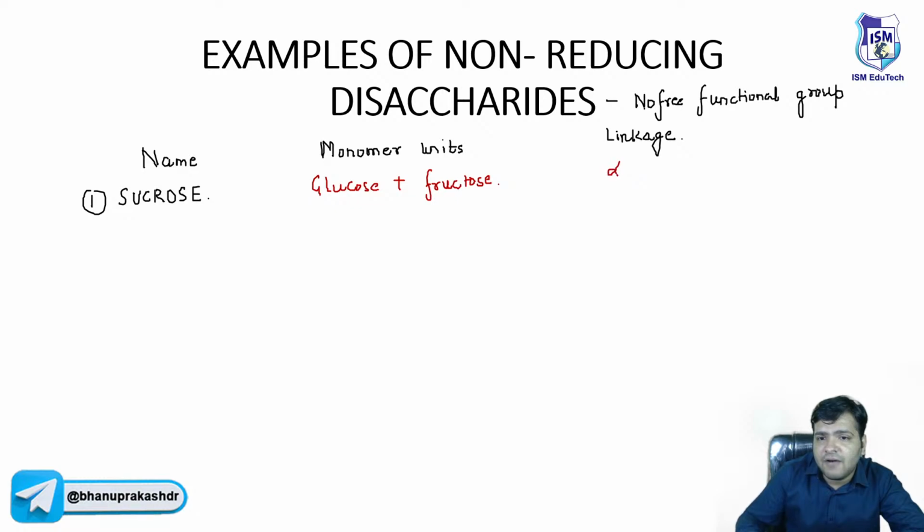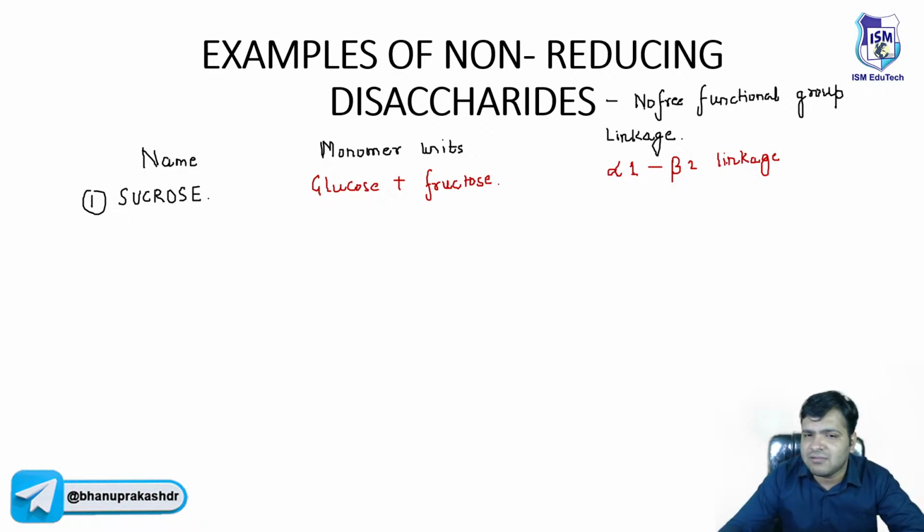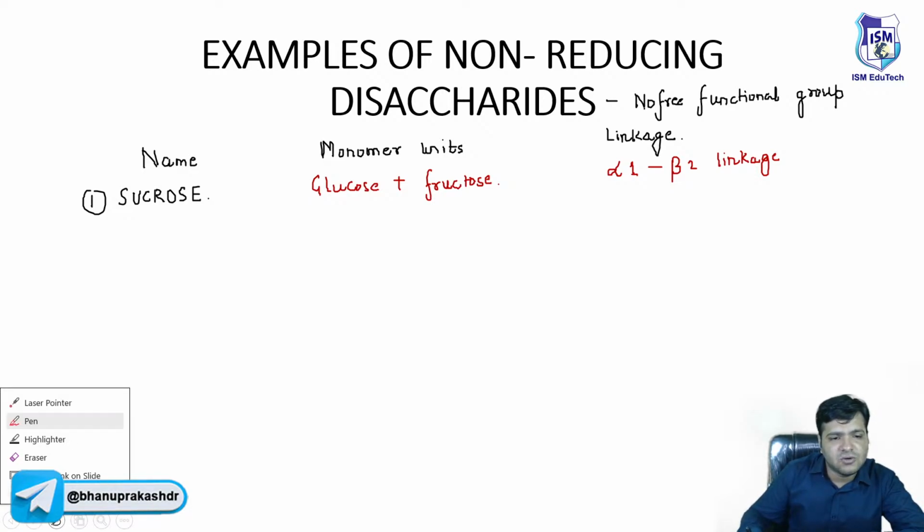It is alpha 1 to beta 2 linkage. I will show this linkage, no need to worry as of now. Just fill this table and in another 2 minutes, I will show every linkage, okay?